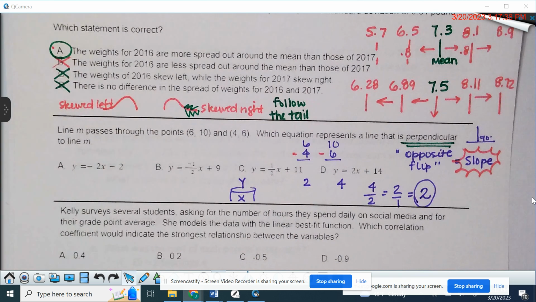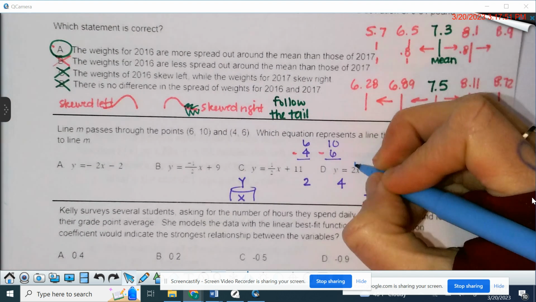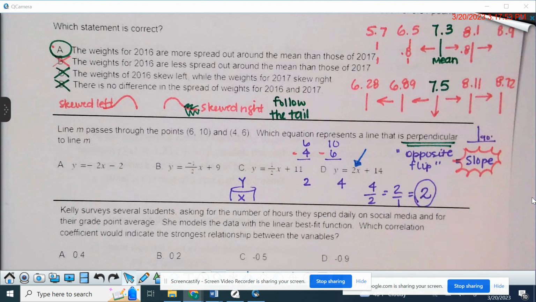We need the opposite reciprocal to answer this question. The word perpendicular is hugely important because they gave you all the okie doke answers on this one, the ones that are coming for you. So that same slope of the positive 2 would be what kind of line? Not perpendicular, but starts with a P. Yes, good.